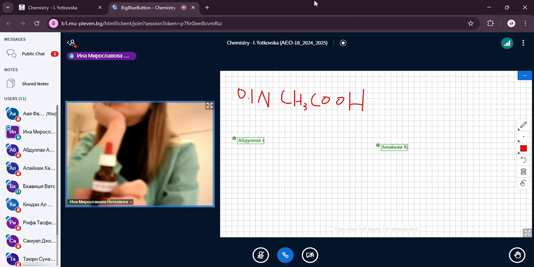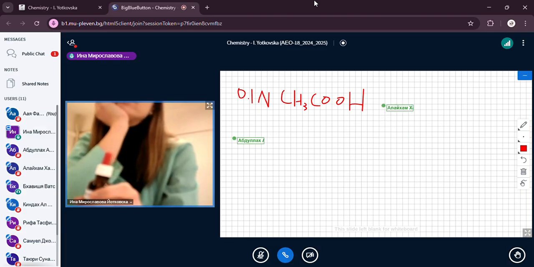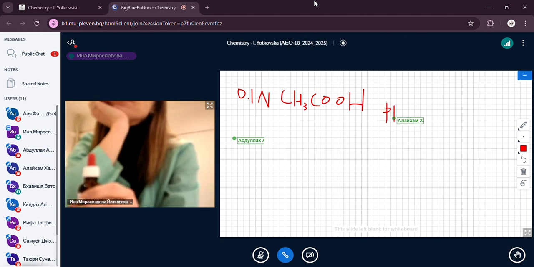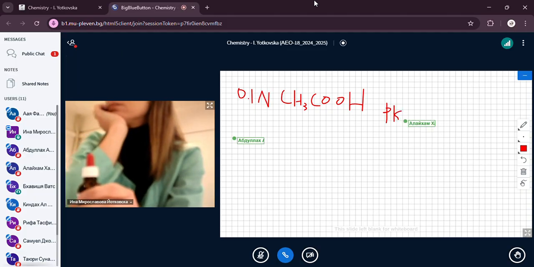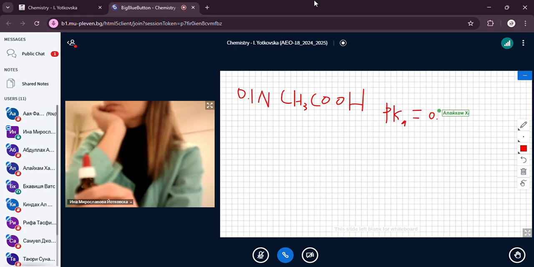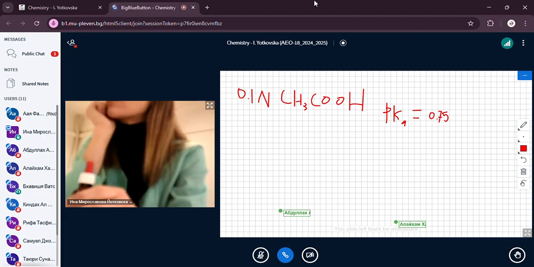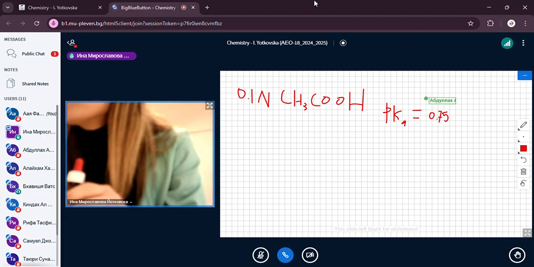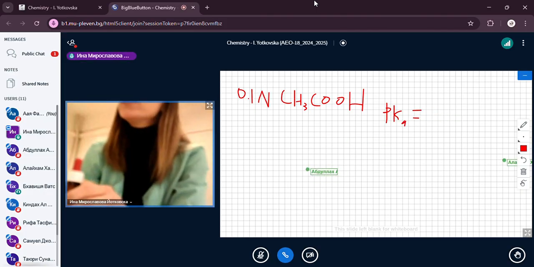The pKa of that acetic acid is 4.75. No, not 0 point, 4.75.